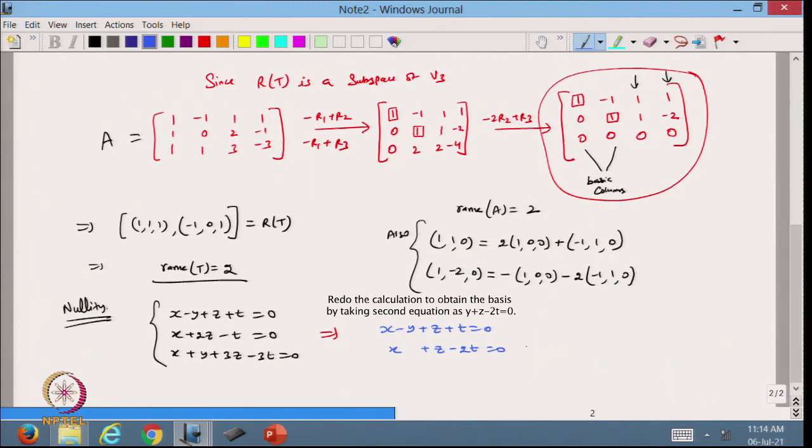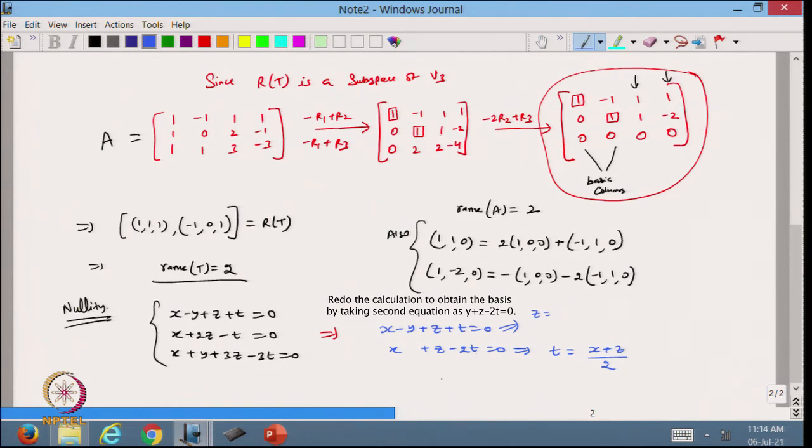Now, from here I can write, suppose I just take t from here. So, I can write from here that x plus z is equal to 2t, and I will put this value here in t. So, maybe I will write z in terms, because the rank is 2, number of variables is 4.